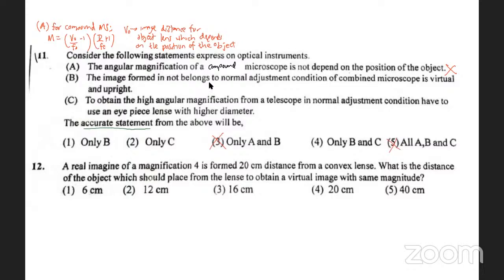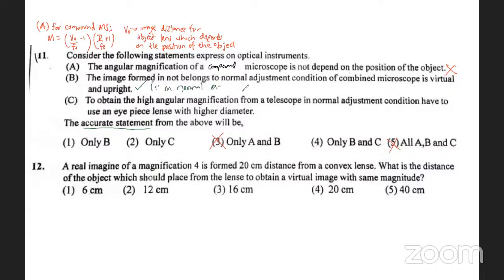Statement B: the image formed does not belong to normal adjustment condition if the compound microscope is virtual and upright. That is correct, no, people? Does not belong to normal adjustment, because in normal adjustment, what kind of image do you get?